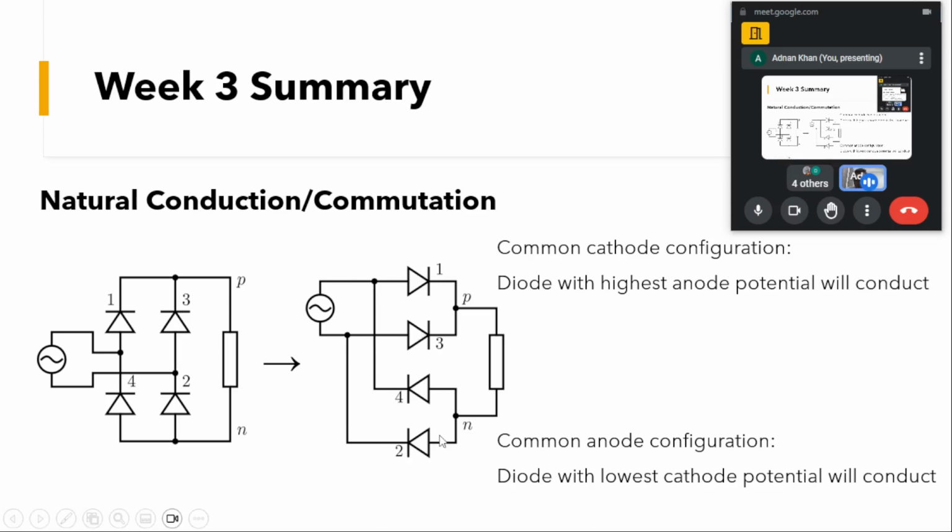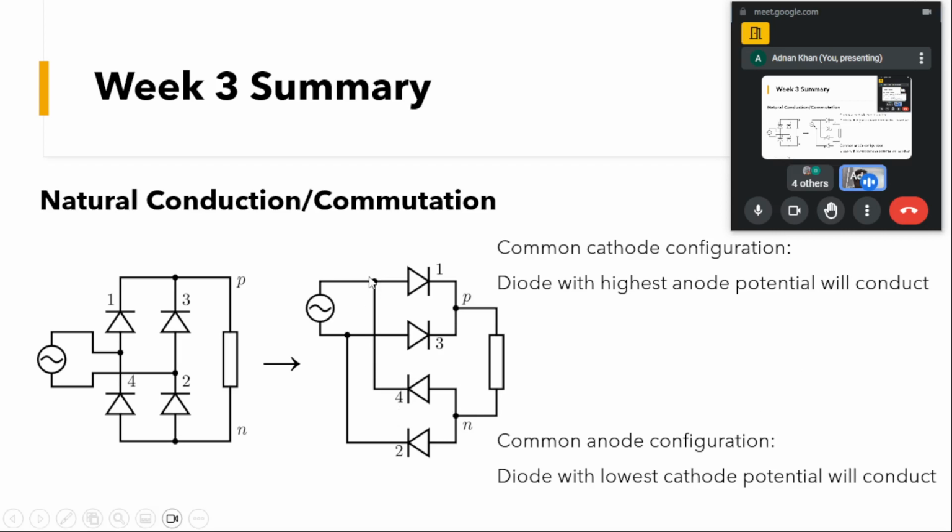Let us say some potential it has. For the positive half, the positive voltage will be applied at point 4. Got it? Let us say there is some potential at point N. When the potential at point 4 is greater than the potential at point N, diode 4 is reverse biased.